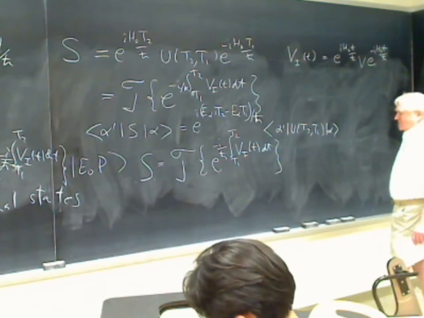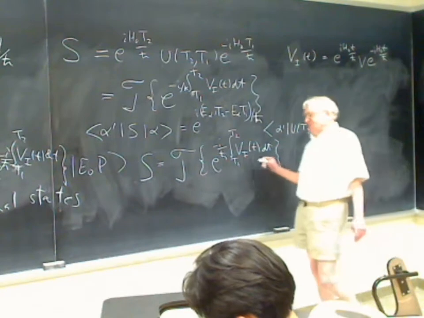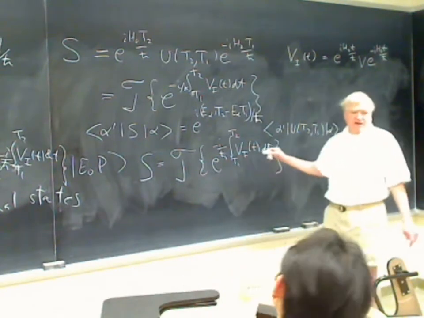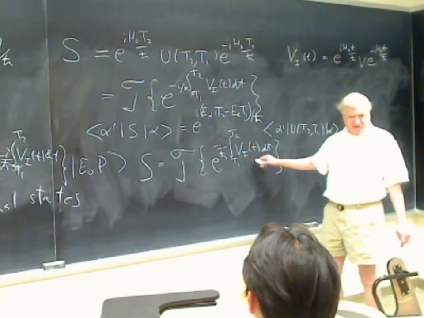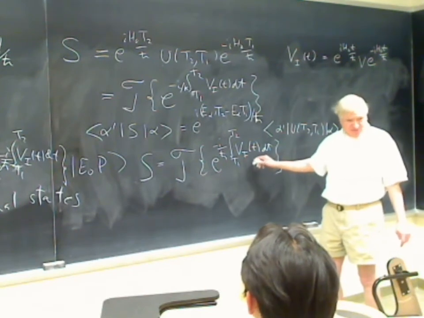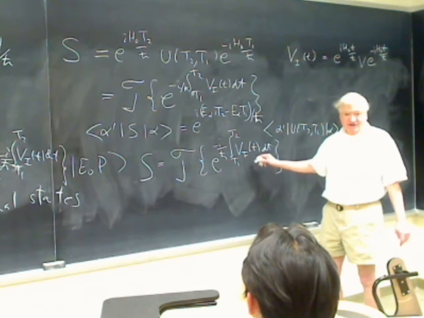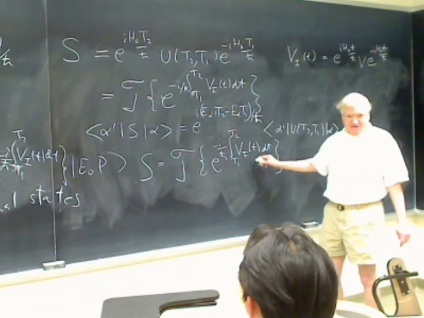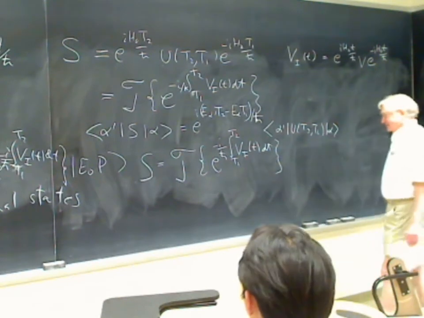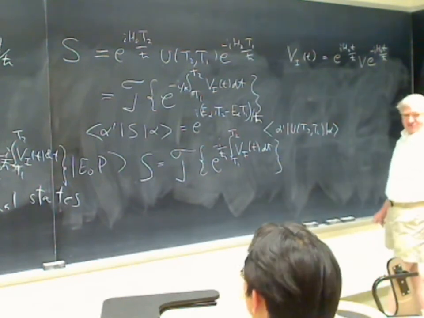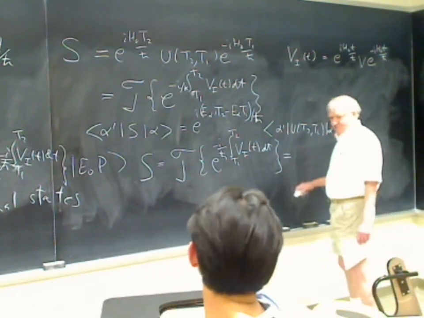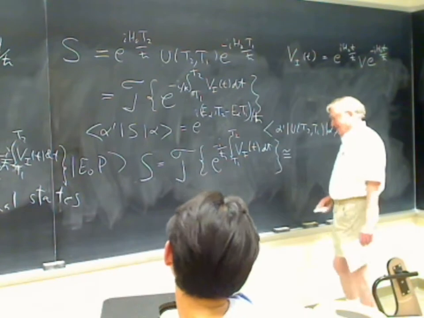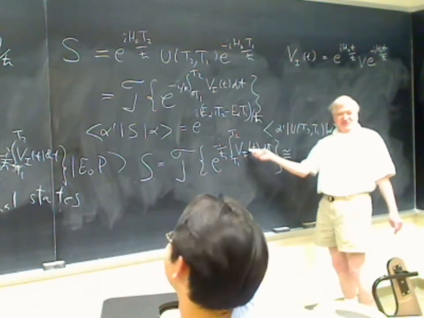Okay, well, here's what people do, and it's very possible that this is really something that we shouldn't do, but this is what we actually do in almost all cases. Let me show you the sad truth of what we actually do. We approximate this. We say V is small.